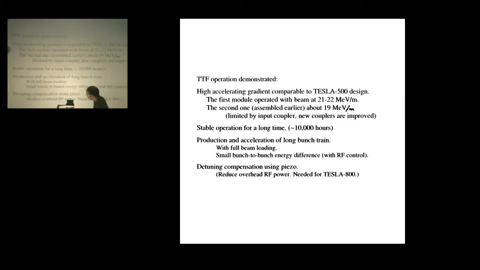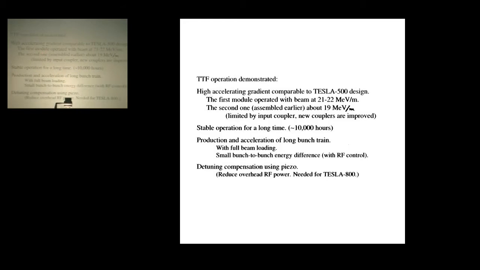Let me make a kind of summary of their operation. They demonstrated a high accelerating gradient, which is comparable to the Tesla 500 design. Actually, the first module operated with beam at 21 or 22 megavolt per meter.